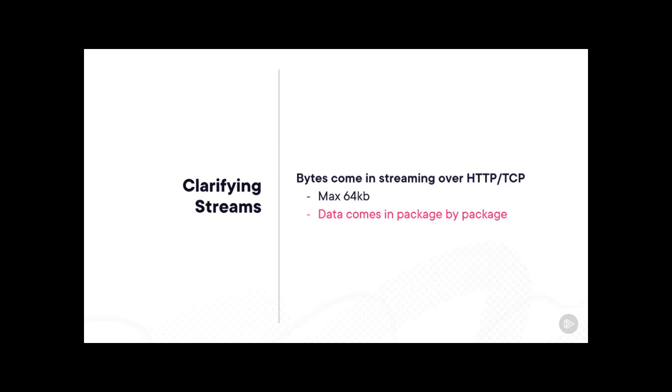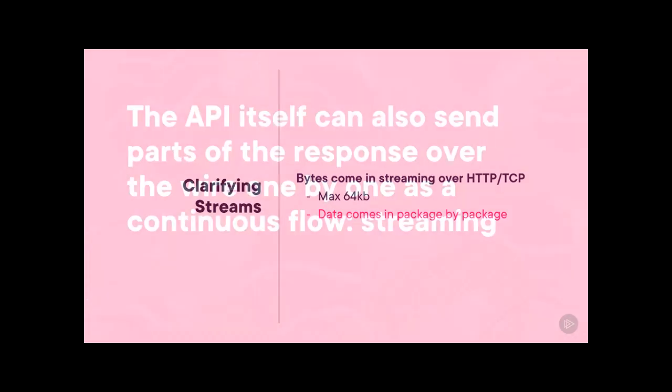But that's not the end of the story. That data that's streaming over the wire can be pushed by the API in one go, or it can asynchronously stream from that API. And that brings us to the last part, streaming support for APIs.